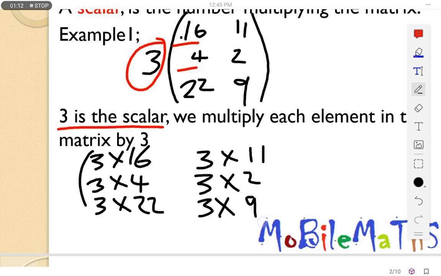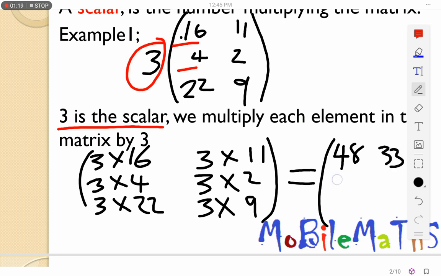Then we get a value. So at the end of the day, we will have 48, 33, 12, 6, 66, 27. So that's how we do scalar multiplication.